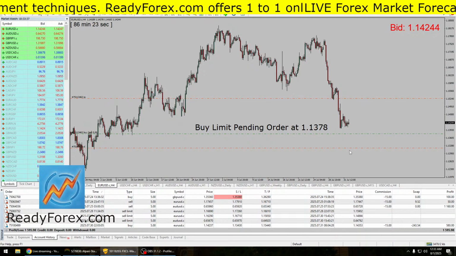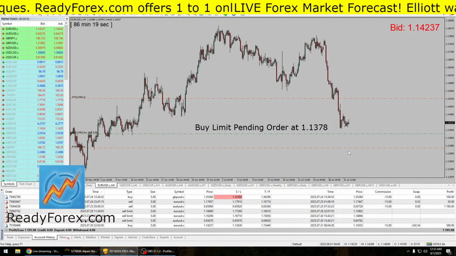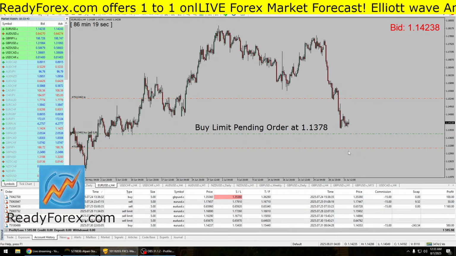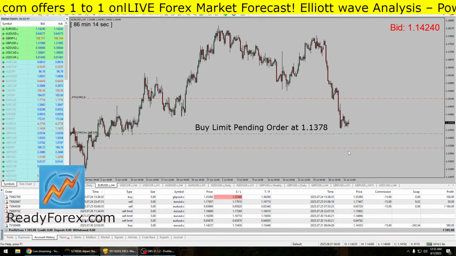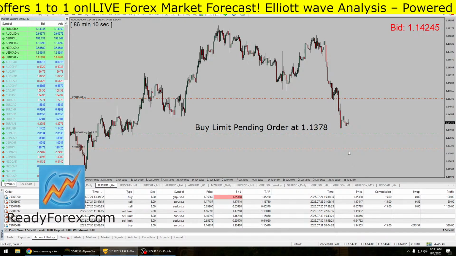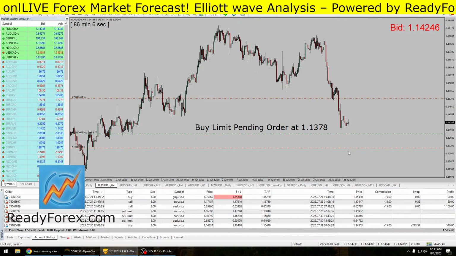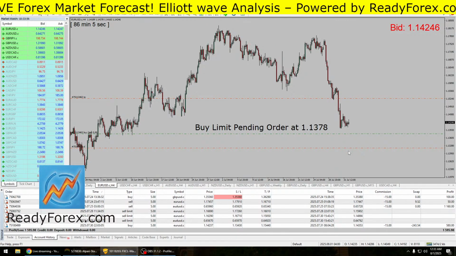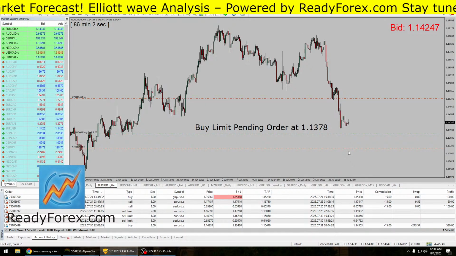So always trade the market with money management rules, and always put a stop loss. If you are wrong, take the loss, get out of the market, and move on to the next trade. Okay, you do not marry your trades. If it's a winning trade, close the trade, take the money off the table. The market hit your target, you close the trade with a profit, get out of the market.